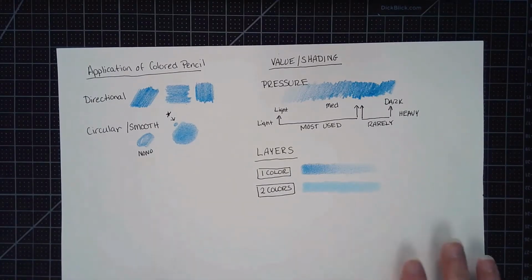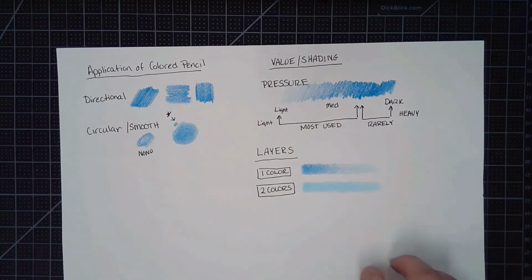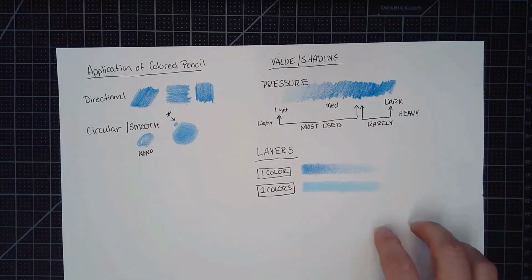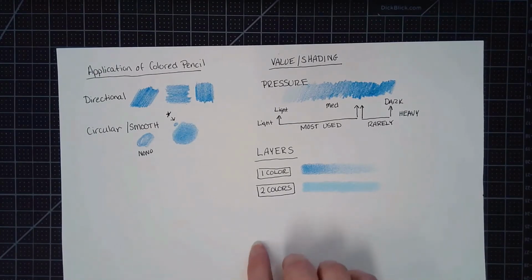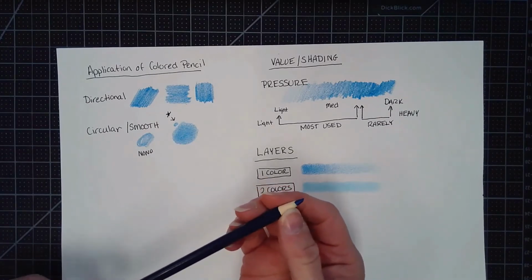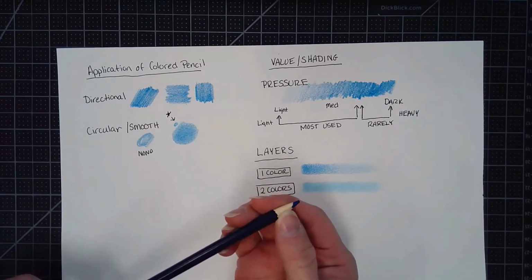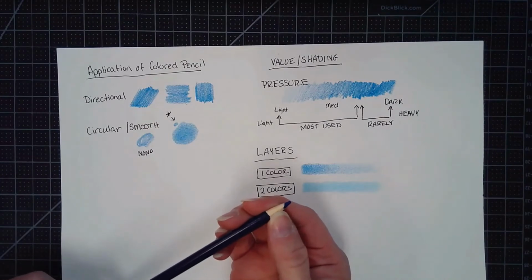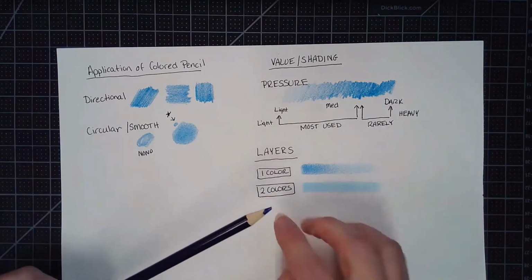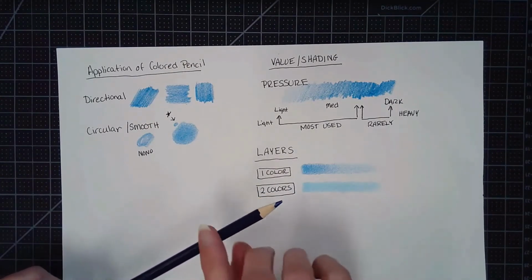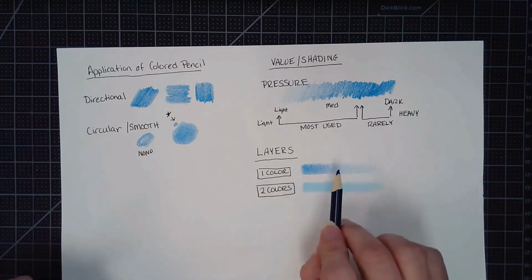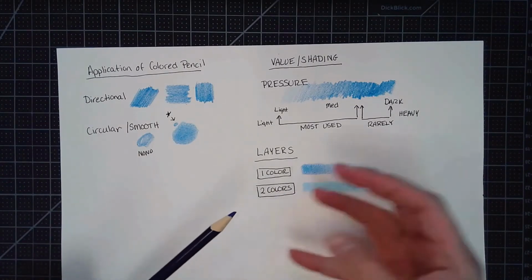So when you think about what we talked about, how paper is made, the reason why pencils leave a mark is that those little fibers break off parts of the pigment and material of our tool, in this case a colored pencil. So as long as there are fibers exposed and we move the pencil across the surface, parts of it are going to break off and be left behind.